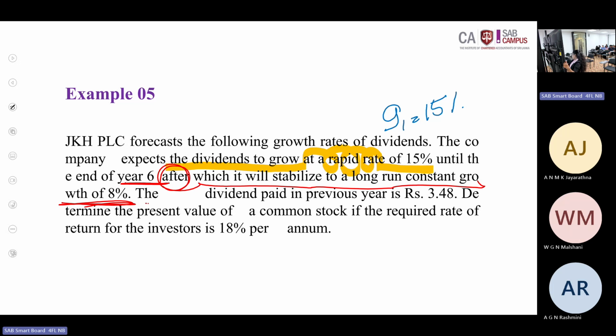Just paid dividends are 3.48. The required rate of return is R equals 18%. Please calculate the present value of the common stock.